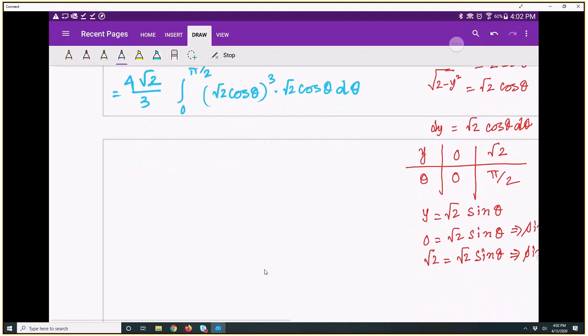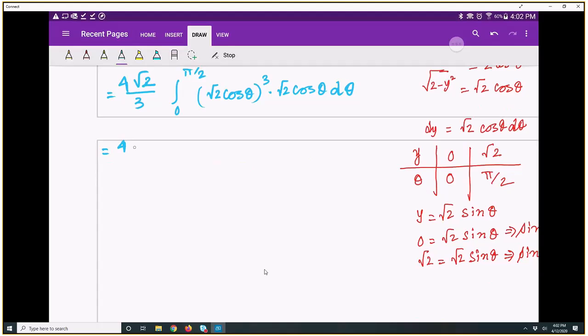Well, then you can simplify that as square root of 2 to the power 3 is 2 square root of 2 times square root of 2 is 4. So that 4 is a constant, will come outside. I will get the integral from 0 to pi over 2 of cosine to the power 4 theta d theta.